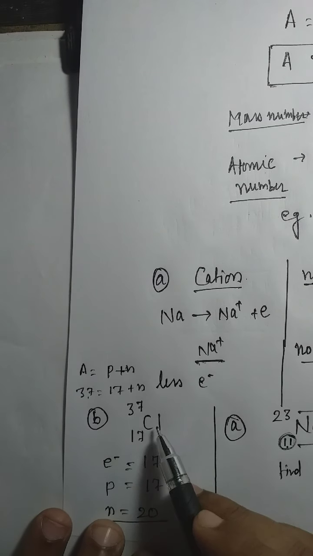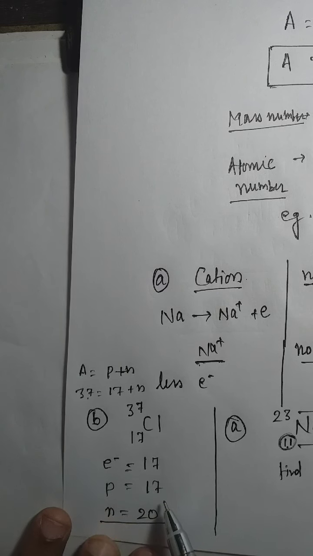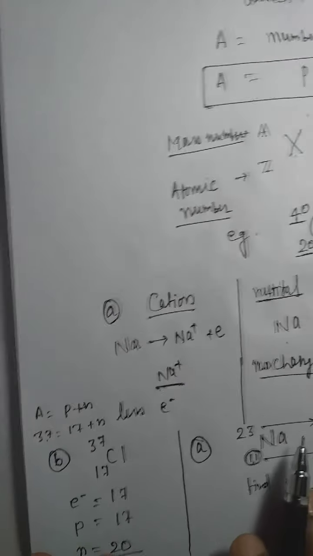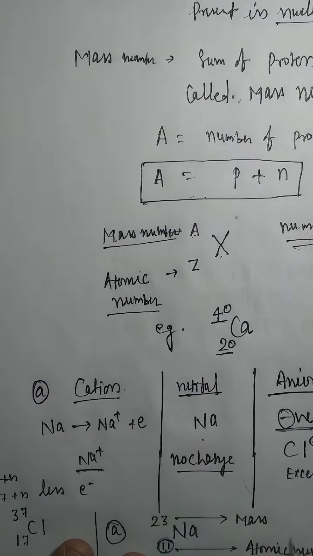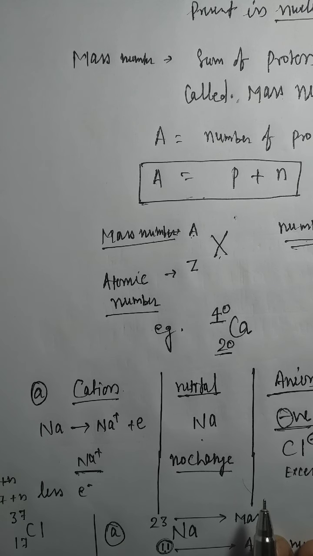Next for chlorine, 37 and 17, electron is 17, proton is 17 and neutron is 20. That's how you will calculate and do all the questions from the NCERT exercise on the basis of atomic form and atomic number, mass number and number of neutrons.